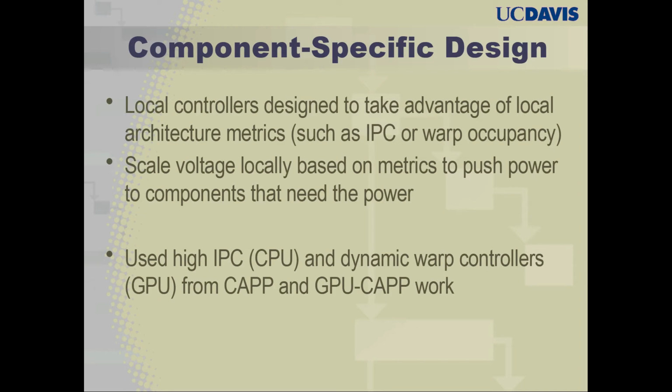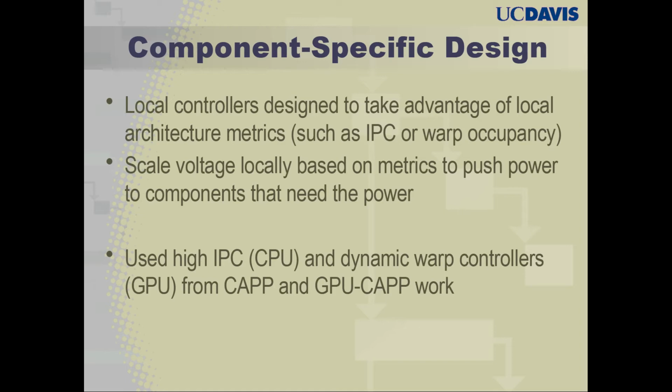If something's performing efficiently, have it use as much power as it possibly can. Maybe something's operating at 50% efficiency. You don't want it to use much power, in order to free that power up for the other components that really need it. And in this design, we use the high IPC controller for the CPU and the dynamic warp controller for the GPU, from the CAPP and GPU CAPP works.